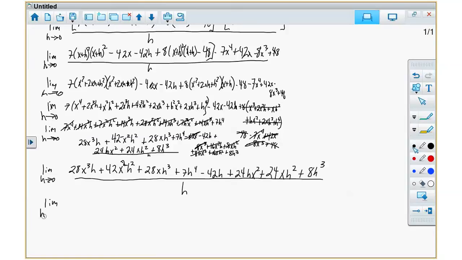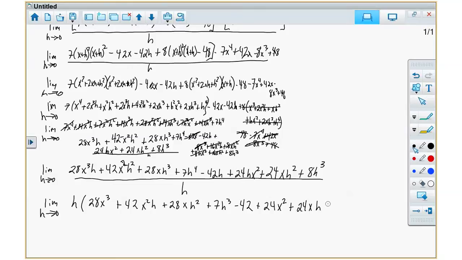Limit as h approaches 0, and that's going to give us 28x cubed plus 42x squared h plus 28xh squared plus 7h cubed minus 42 plus 24x squared plus 24xh plus 8h squared. Y'all check. All over h. And then that cancels.